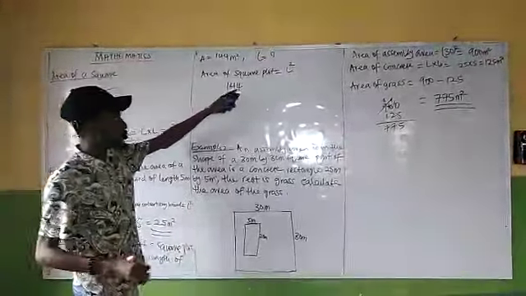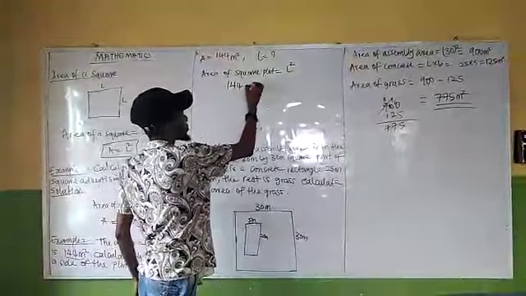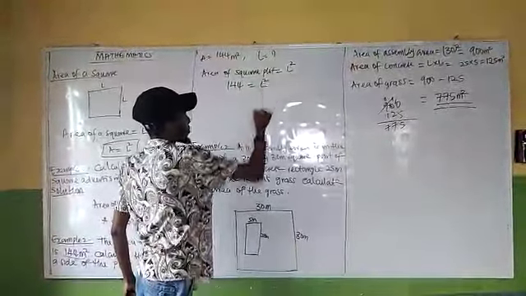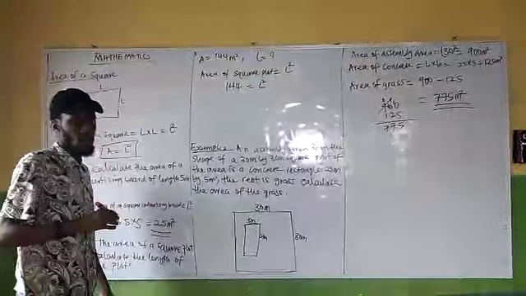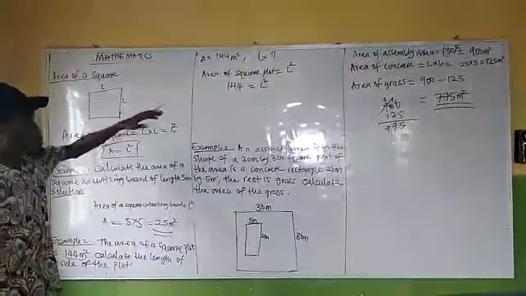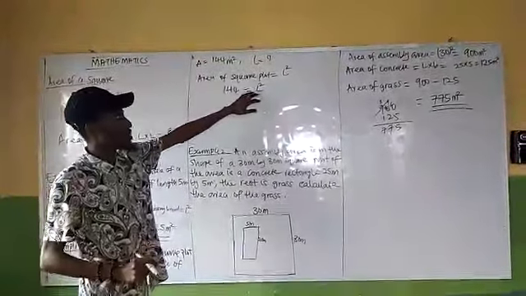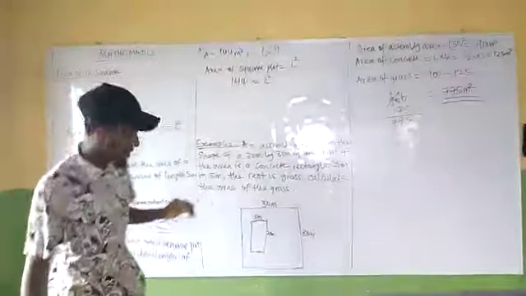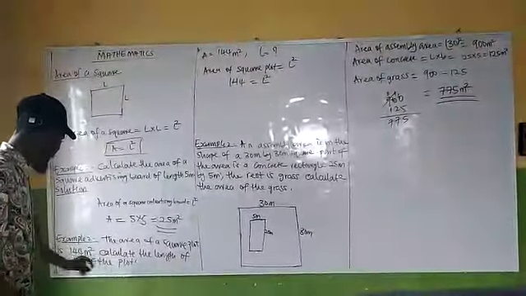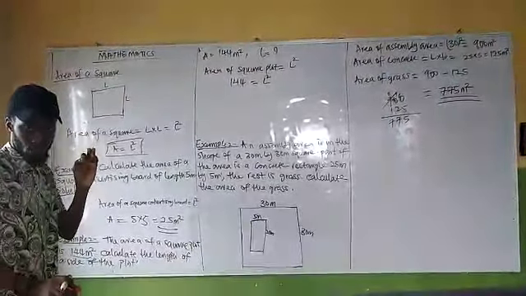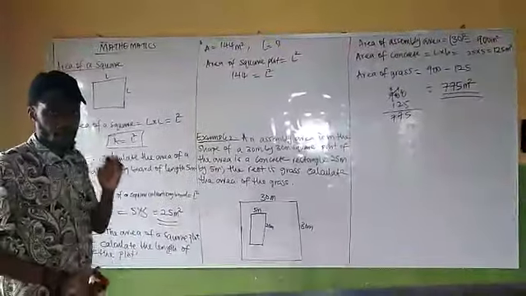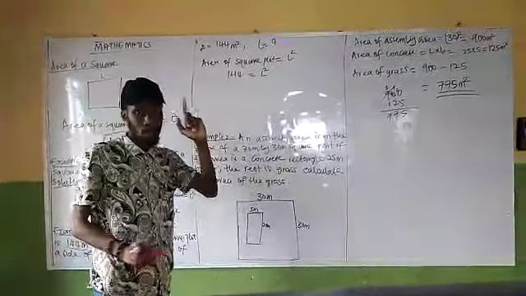So you substitute: 144 is equal to L square. Now, when you have it this way, what do you do? Please, I want you to listen. What they ask is to calculate the length of a side of the plot. So we are just looking for just one length.